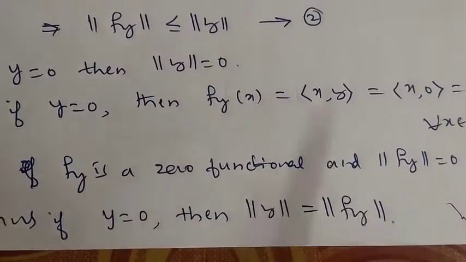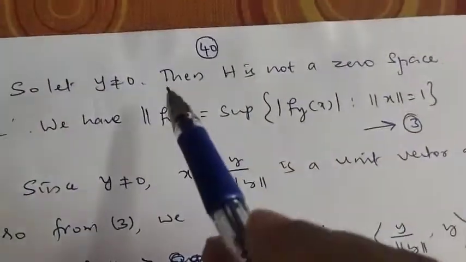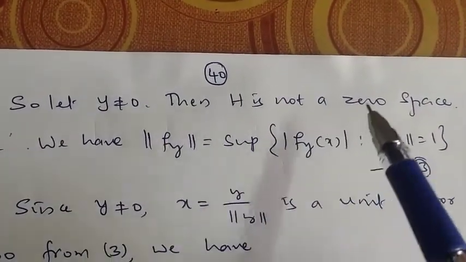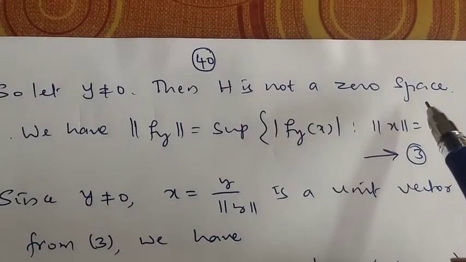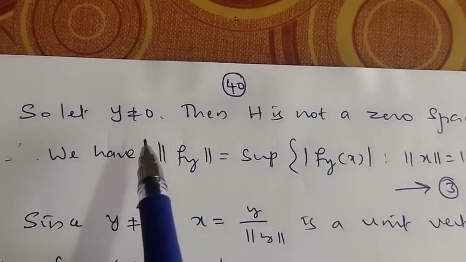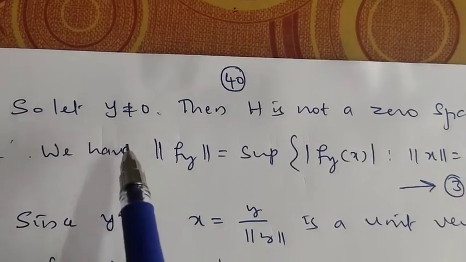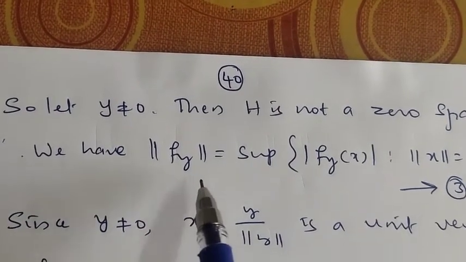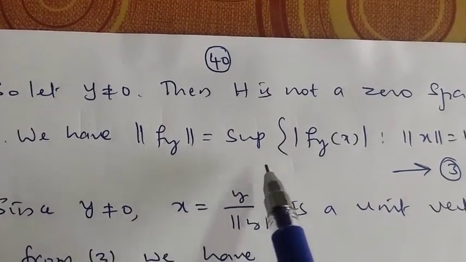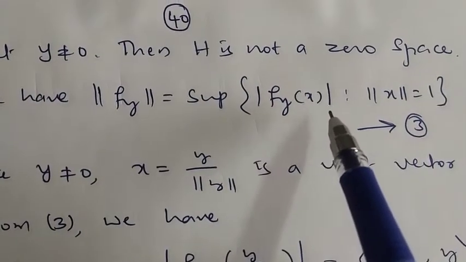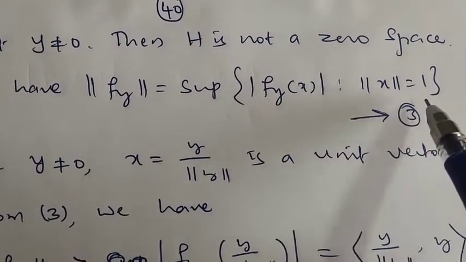So let y be a non-zero vector in H. Now, look here. If y is a non-zero vector, then H is not a zero space, because H contains at least one non-zero element, which is y. Now we have the norm of Fy. It is the supremum of the absolute value of Fy of x such that norm of x is equal to 1.